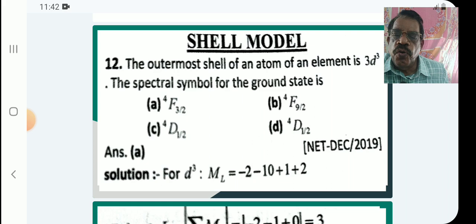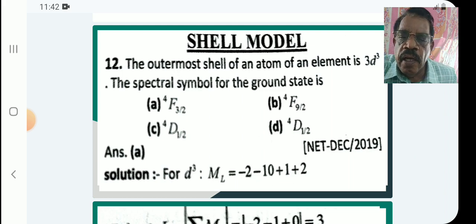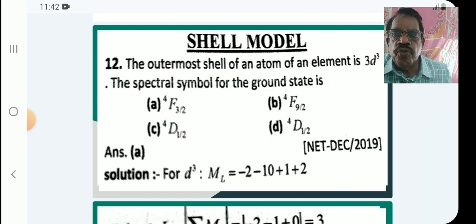When l is equal to 2, m_l has 5 values, -2, -1, then 0, +1, +2. We can write the different values using commas: -2, -1, 0, +1, +2. These are the m_l values for the d state.